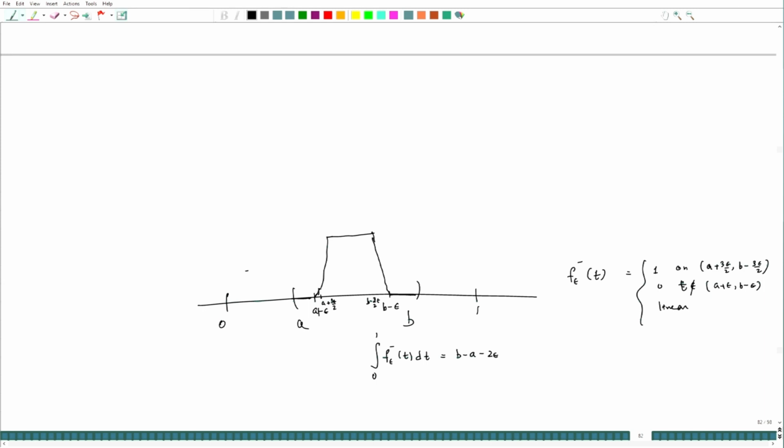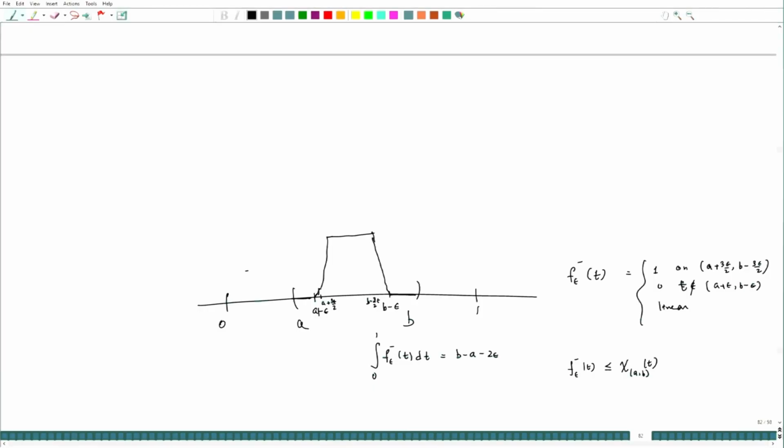By the construction, f epsilon minus of t is always less than or equal to the indicator function of a b of t, because on a plus 3 epsilon by 2 to b minus 3 epsilon by 2 it takes the same value.